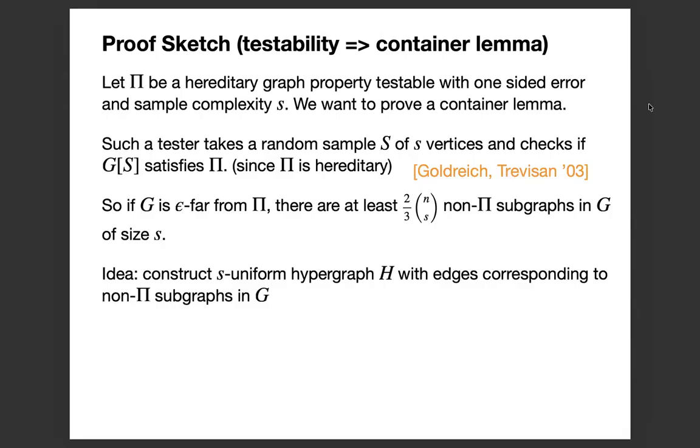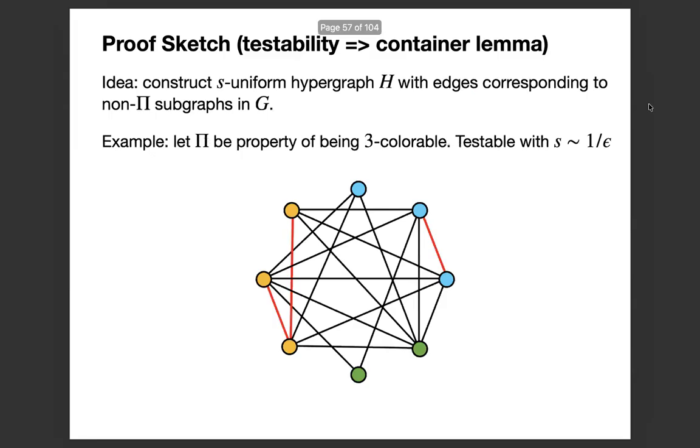So I'm going to show you an example of what this actually means. Let's go back to this colorability example. So we know that k-colorability is testable with sample complexity roughly 1/epsilon. And so here's our graph. Let's pretend we've got this graph and it's epsilon far. What does that really mean, given that this thing is testable?